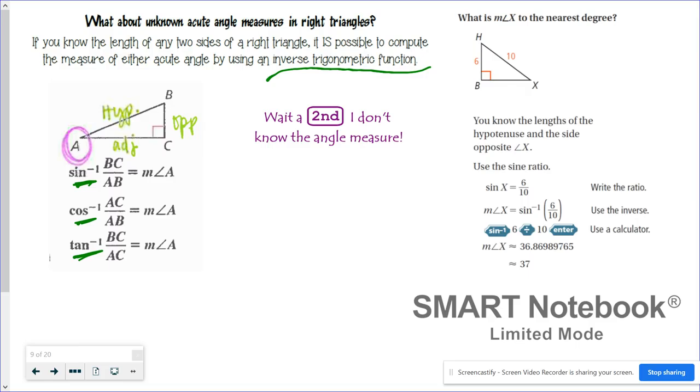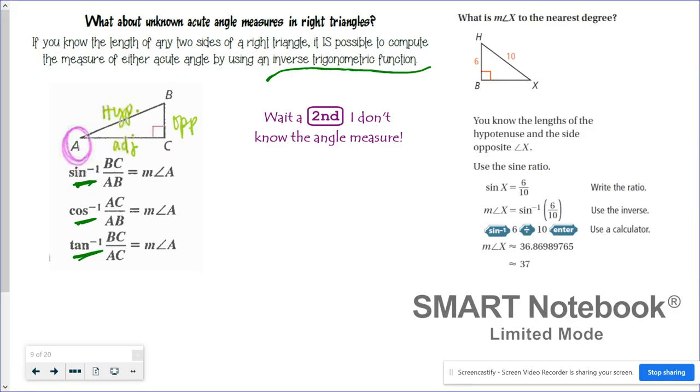This is saying that the measure of angle A can be found by using an inverse sine if I know the opposite and the hypotenuse. Or the measure of angle A can be found by using inverse cosine if I know the adjacent and the hypotenuse. Or I can use inverse tangent if I know opposite over adjacent.